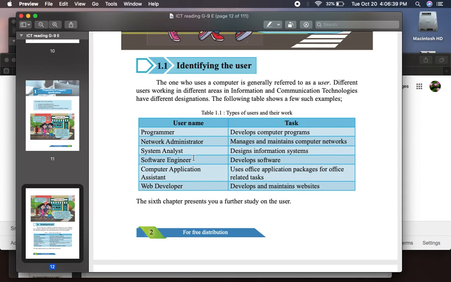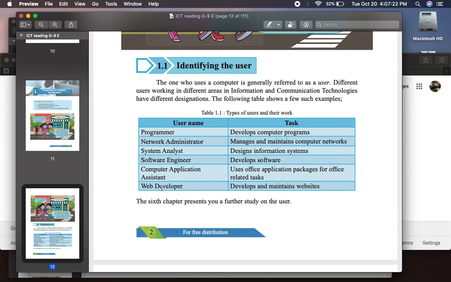A software engineer. You would have heard of software engineers normally because that's a very popular kind of job, and their task is developing software. Computer application assistant uses Office application packages for Office related tasks. And the last one on their list is a web developer. Develops and maintains websites.